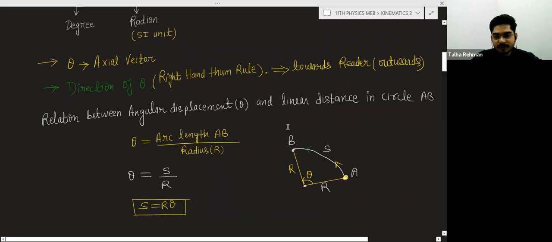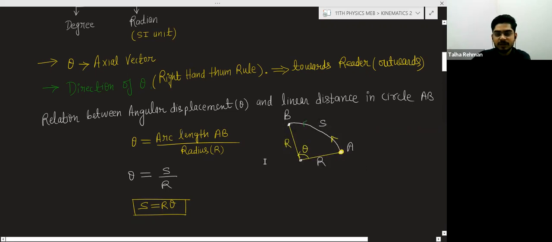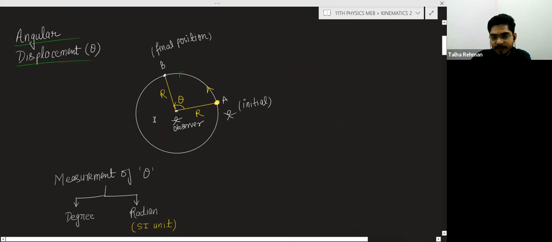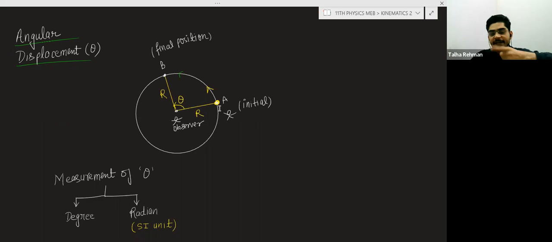One more way to calculate. For completing the whole circle, suppose initially this person is at A. How much angle will A cover, in radians?